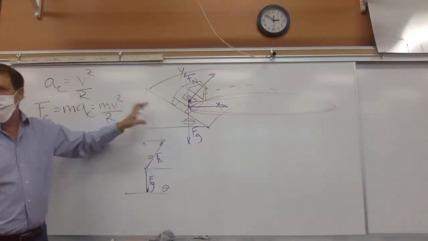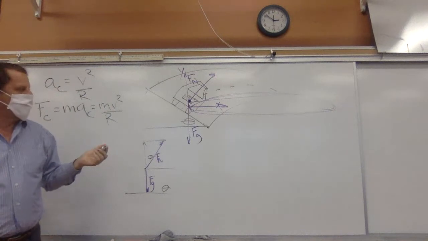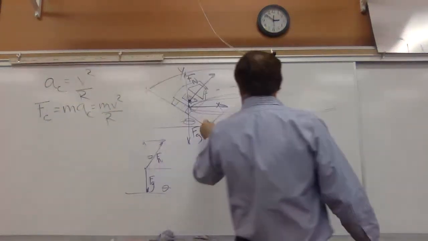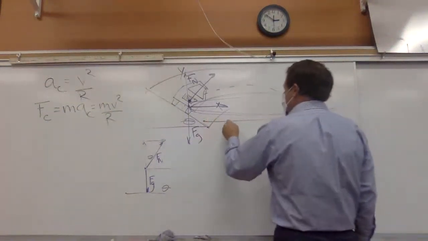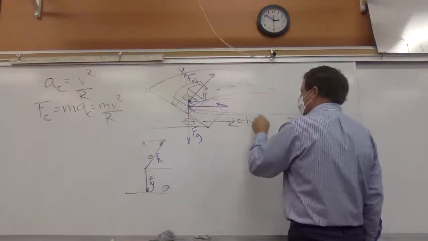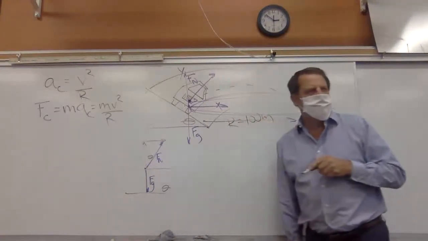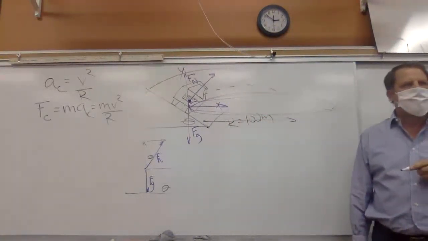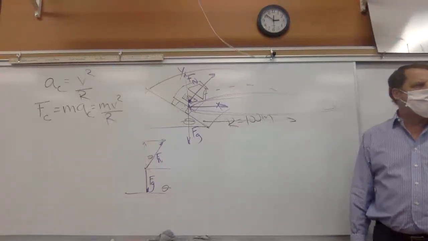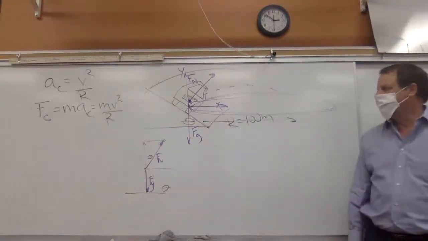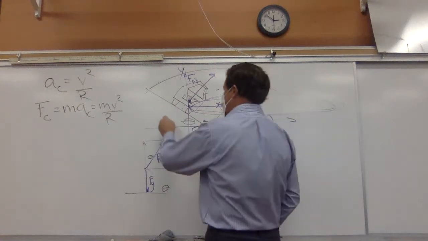Let's just put some numbers in here. Let's say that our radius is equal to 100 meters, and let's say our angle is 25 degrees.